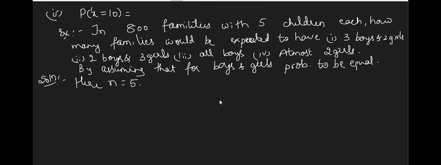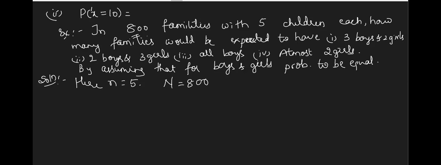Now this 800 families will help us later on to calculate the number of families. So this I can just take as capital N. I have not used it anywhere, but do remember, if you are calculating for some large population, that should be taken as capital N. Then whatever probability value you get, you multiply by capital N, then the answer will be some whole number. That will tell you the number of families.